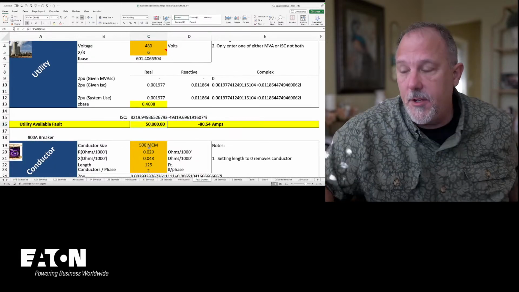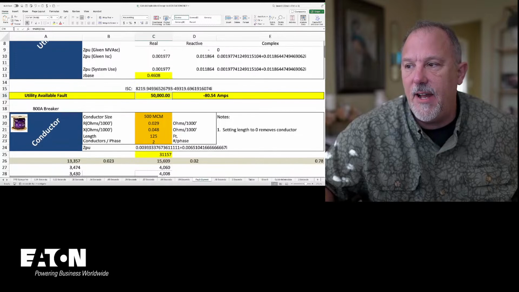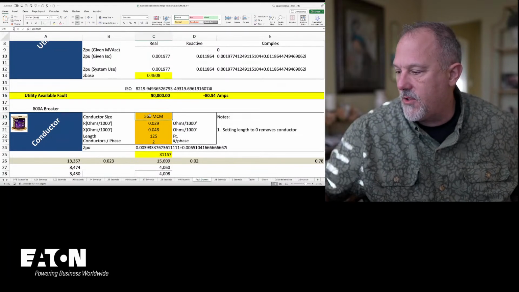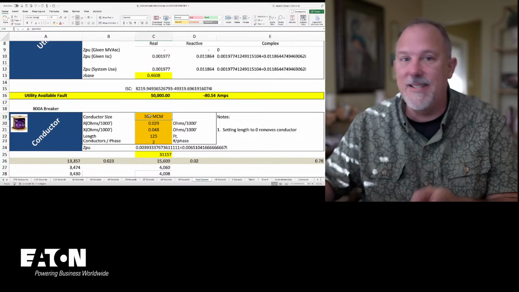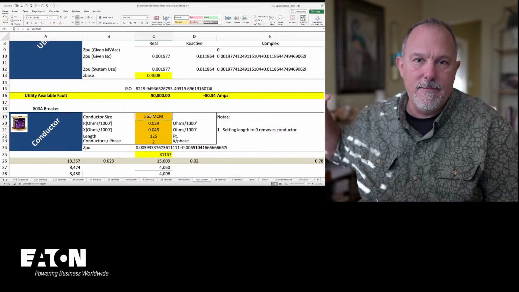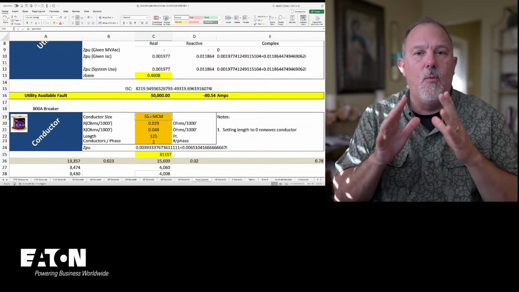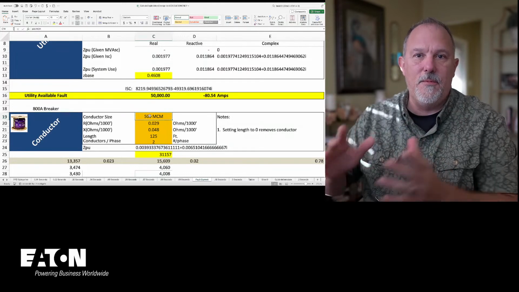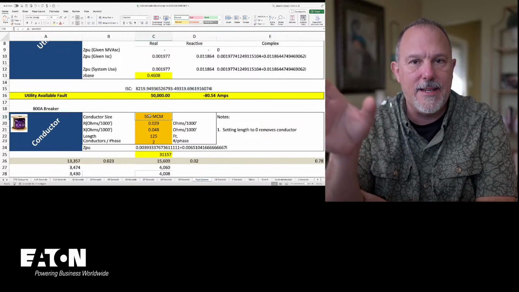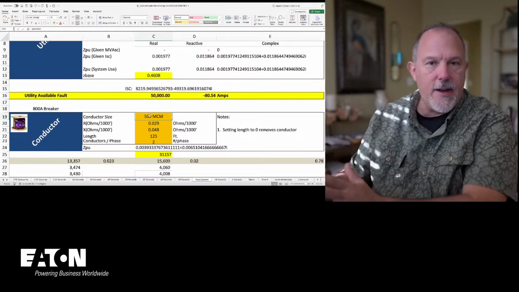Now what I'm going to do is add my 500 MCM cable. And remember, let's go back to our hand calculation, because what I'm going to do next is work on getting SKM installed on my other laptop. Once I get that installed, the next video session will be me modeling this in SKM, so we will verify our hand calculation.